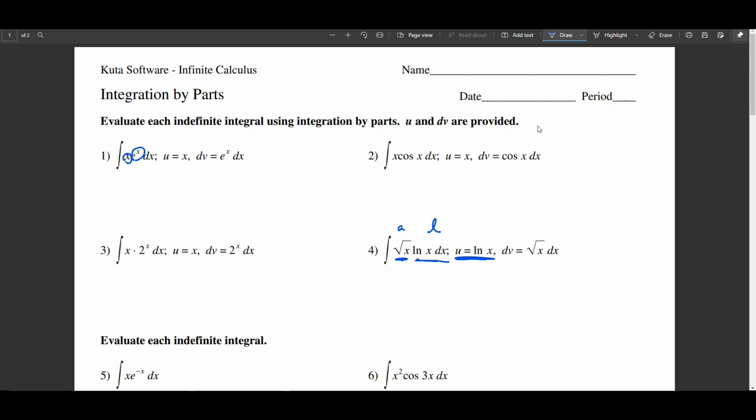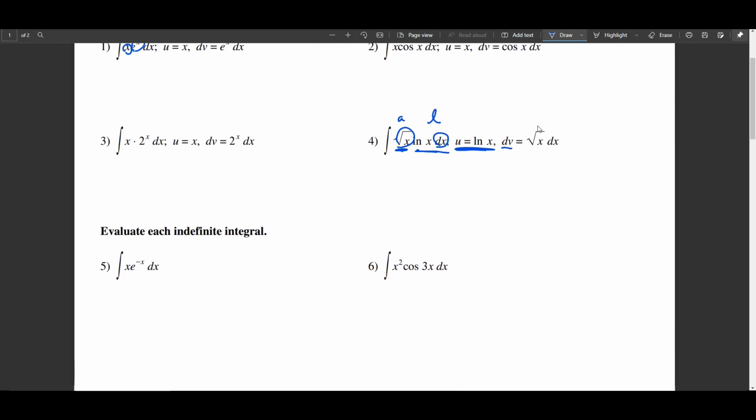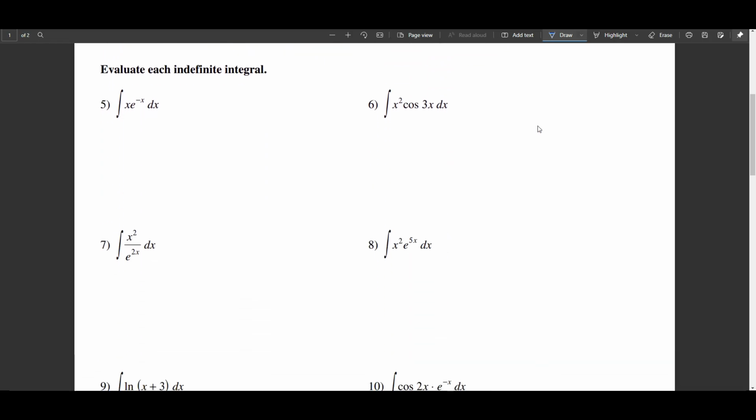And then the radical x and the dx are going to be designated the dv. Okay. So with that in mind, let's try a question here. So this is an algebraic expression, and this over here is our exponential function. So this is going to be our u, and this is going to be our dv.